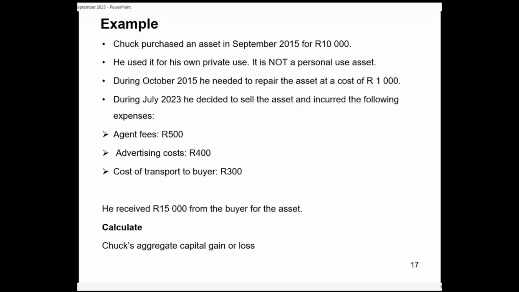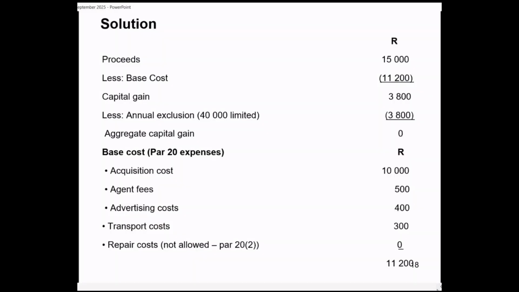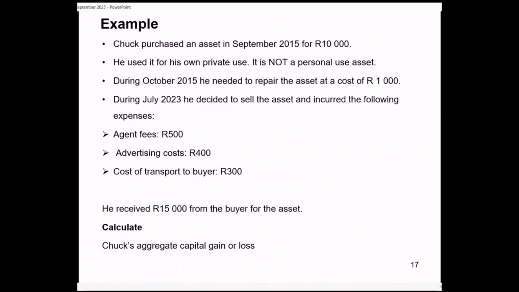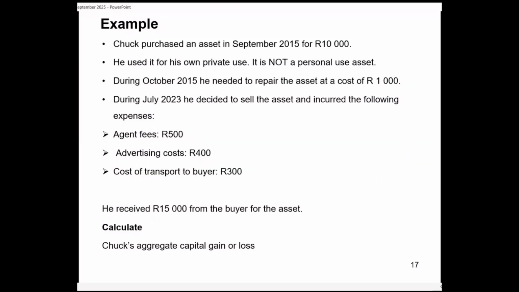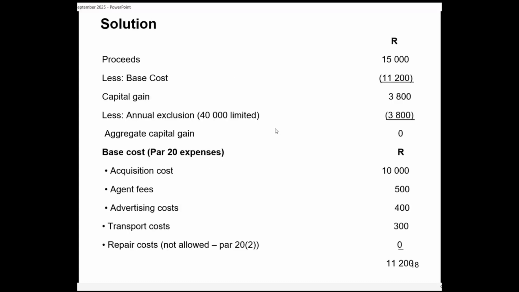The calculation is as follows: proceeds of 15,000, which were given, is the selling price he received, less base cost. We needed to calculate the base cost. What is the base cost of the asset? The base cost in terms of paragraph 20 expenses will be the acquisition cost, which is 10,000, which was given.